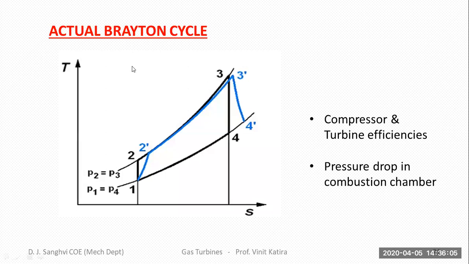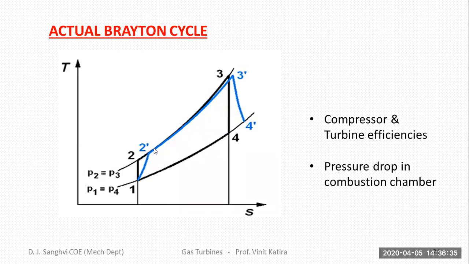Now over here, you have your actual compression that takes place 1 to 2 dash. It is not isentropic, it is polytropic. So 1 to 2 dash is not going to be a straight vertical line in your TS diagram. It will be somewhat like this, and 2 to 3 dash will not be an isobaric heat addition process because there is always pressure drop as the fluid moves through any chamber.